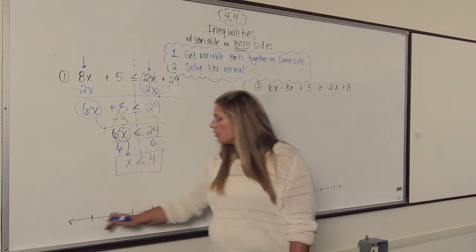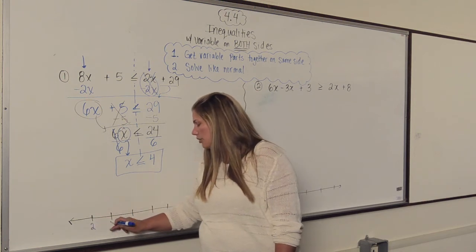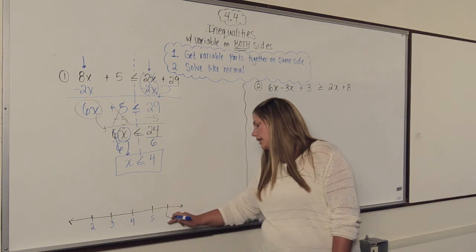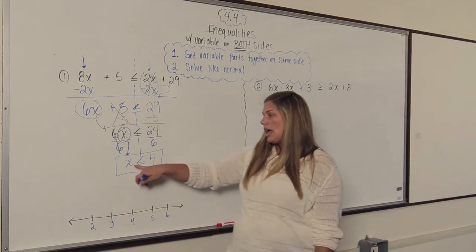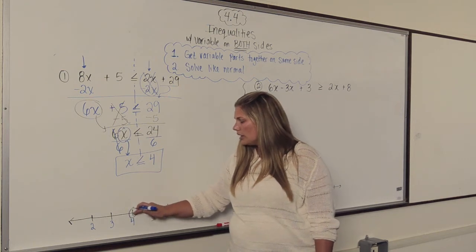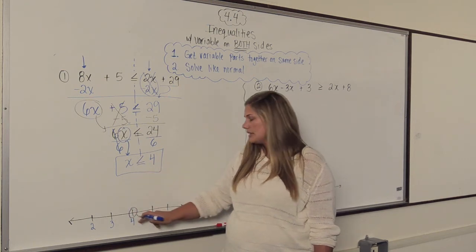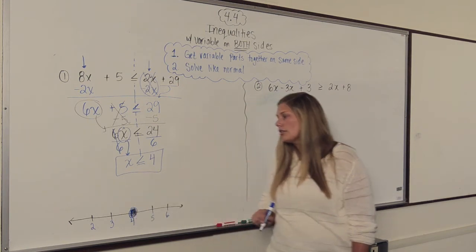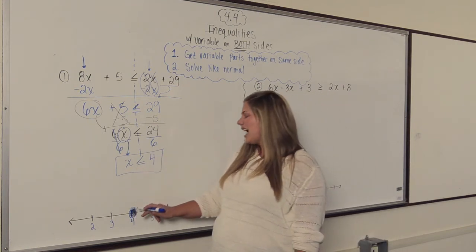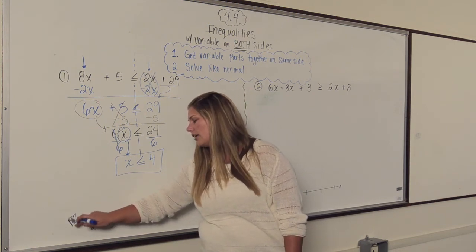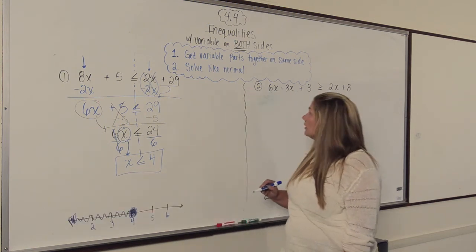So for my graph, I need 2, 3, 4, 5, 6. X is less than or equal to 4. So since it can equal, 4 is a part of my answer. It's included. I color in that circle. And if x is less than 4, numbers get smaller. They're getting less as I go to the left.